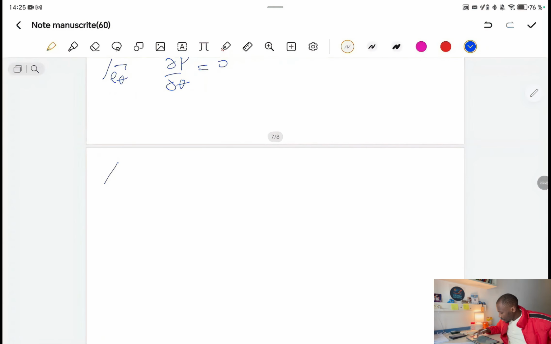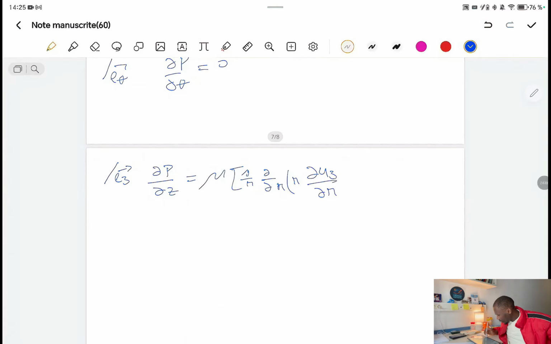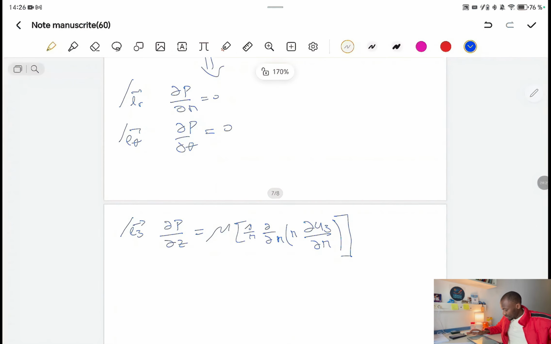Now z, what's left is the partial derivative of the pressure over z equal to dynamic viscosity times 1 over r, derivative of r, partial derivative of uz in the r direction. So here we don't have pressure.